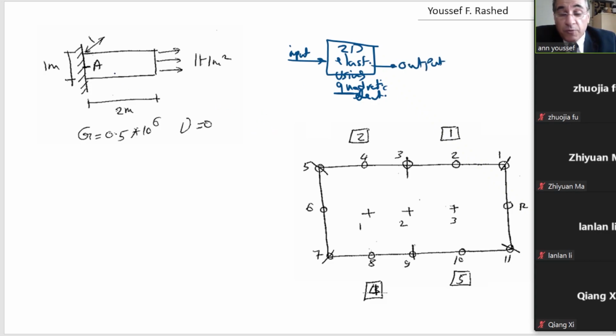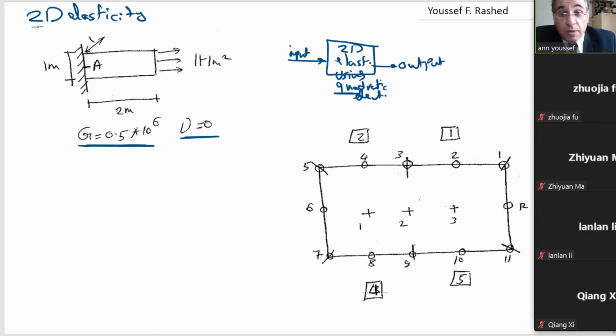If we have a problem like this, a bar under tension, we put Poisson ratio equal to 0, and this is 2D elasticity. We have G equal 0.5 times 10 to the power 6. It is 1 meter by 2 meter in length, and it is fixed on the left side.